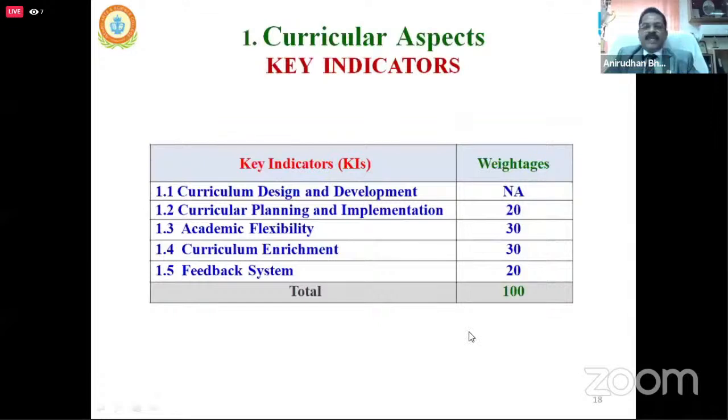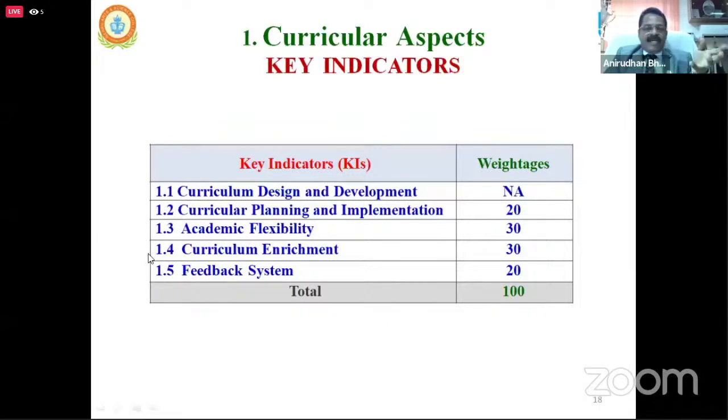And let's look at the Criterion 1 curricular aspects, the key indicators and metrics. Each criterion is divided, for easy calculation, into key indicators, and under each key indicator there will be 2 or 3 or 5 questions depending on the criterion, and each question is again divided into metrics for the classification of marks.